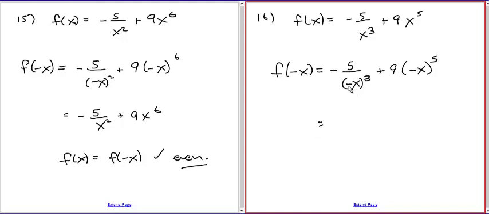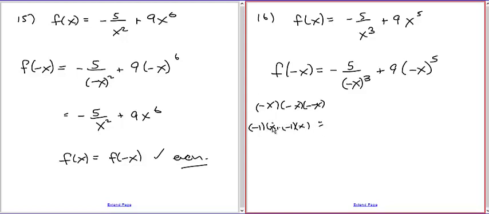Well, a negative quantity cubed is going to stay negative because you have negative x times negative x times negative x. That's the same as negative 1 times x, negative 1 times x, negative 1 times x. All I'm doing is changing the negative into a negative 1.